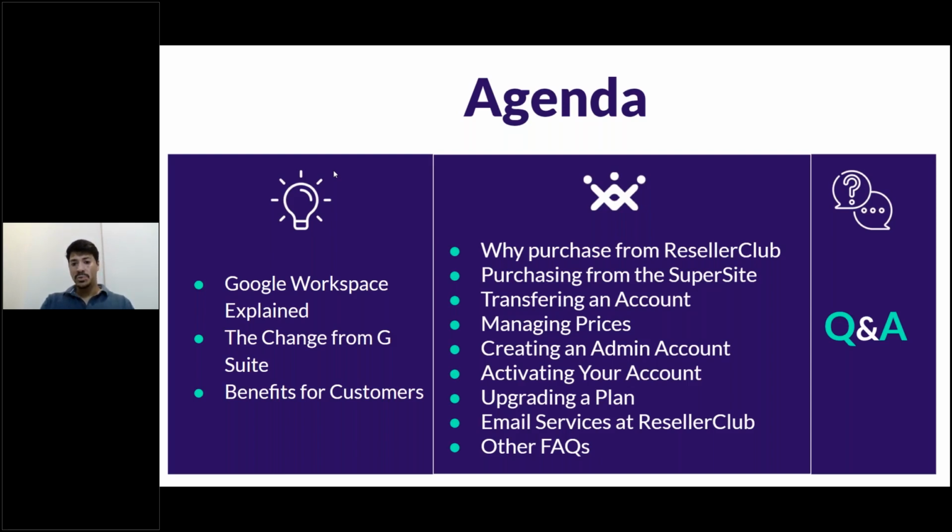We'll move to Reseller Club and how you can purchase through Reseller Club and what benefits we offer. We also will talk a little bit about our email services at Reseller Club, that is business and enterprise emails. We'll brush upon some standard FAQs and then we'll go to our audience question and answer section.